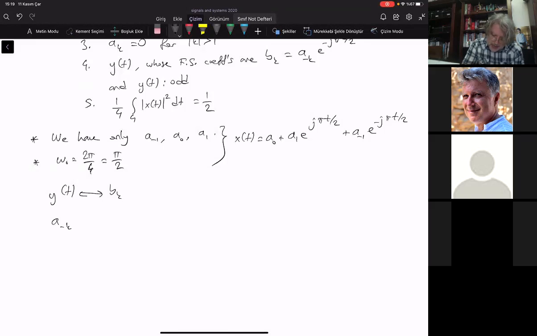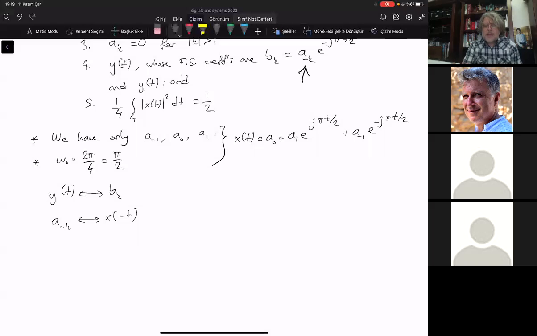A minus k must correspond to x of minus t, from the properties that we have seen. So since there is an a minus k here, it means y of t is x of minus t plus something or minus something. But what is that?